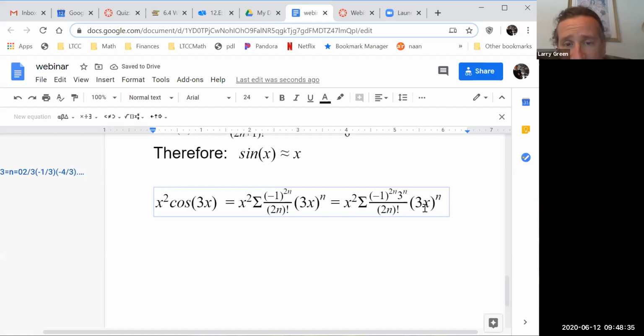And then we have an x to the 2n. But we also have an x squared. So I can rewrite that as x to the 2n plus 2. And there's my power series for x squared cosine 3x.